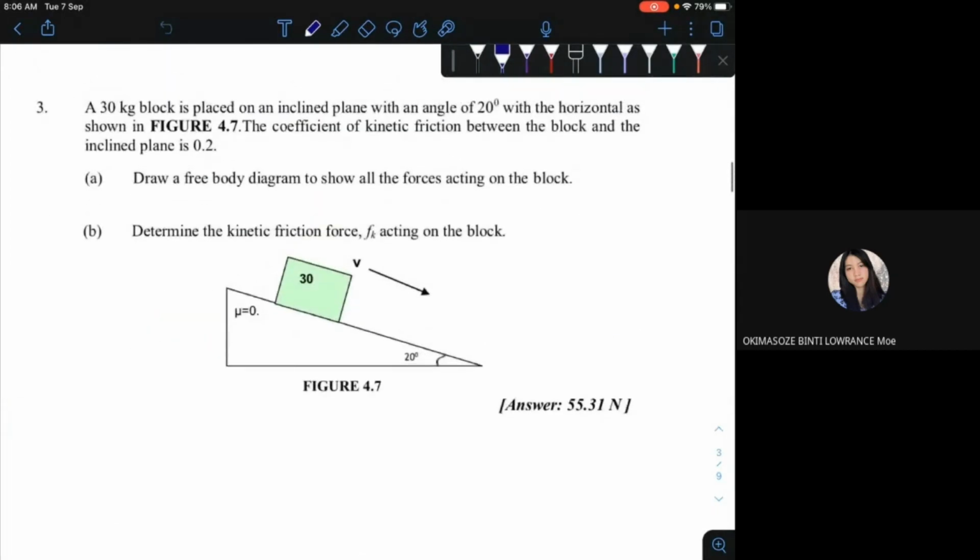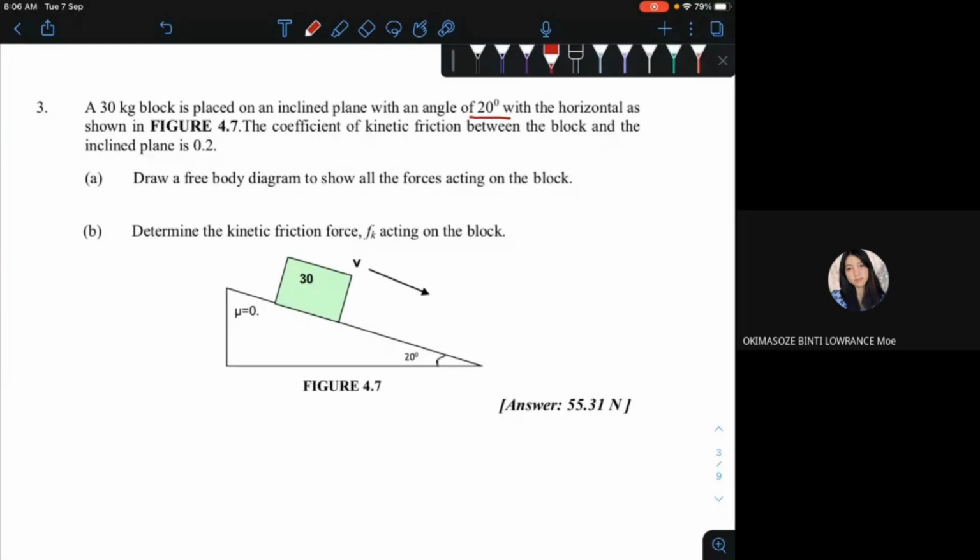Kita tengok soalan 3. Okay, you have a 3 kg block is placed on an inclined plane with an angle of 20 degree with the horizontal as shown in figure 4.7.